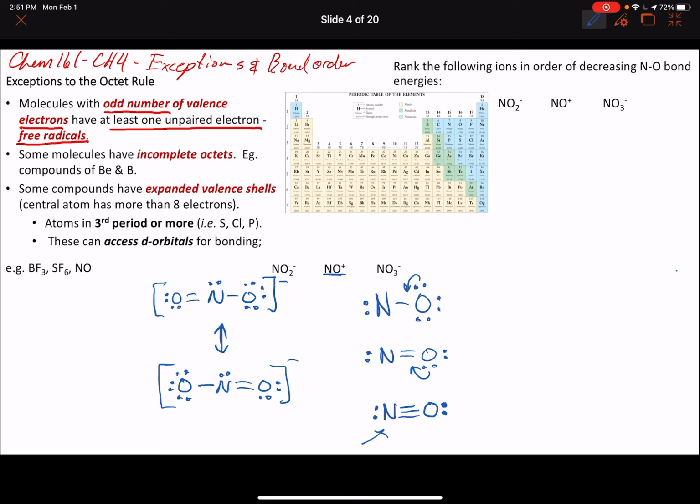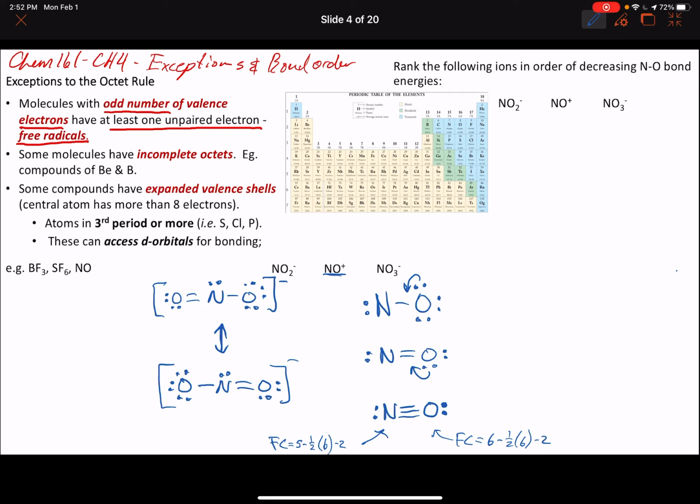So formal charge here for the nitrogen will be 5 minus half of the 6 electrons in those bonding circumstances and minus the 2 for the lone pair. Formal charge here, 6 minus half of the 6 minus 2.